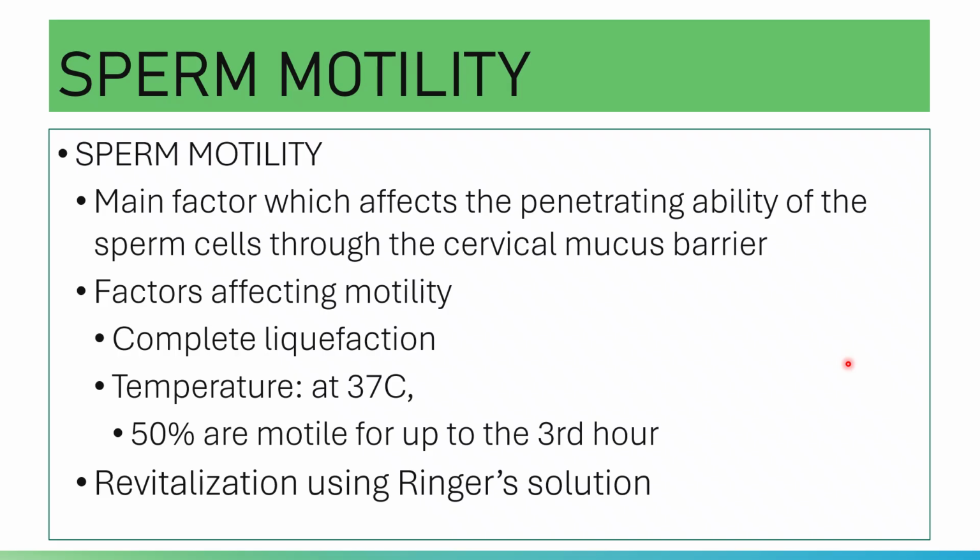So, in sperm motility, you determine the percentage of motile sperm, how many sperm are motile, how many sperm are moving, and you also determine the quality of motility.